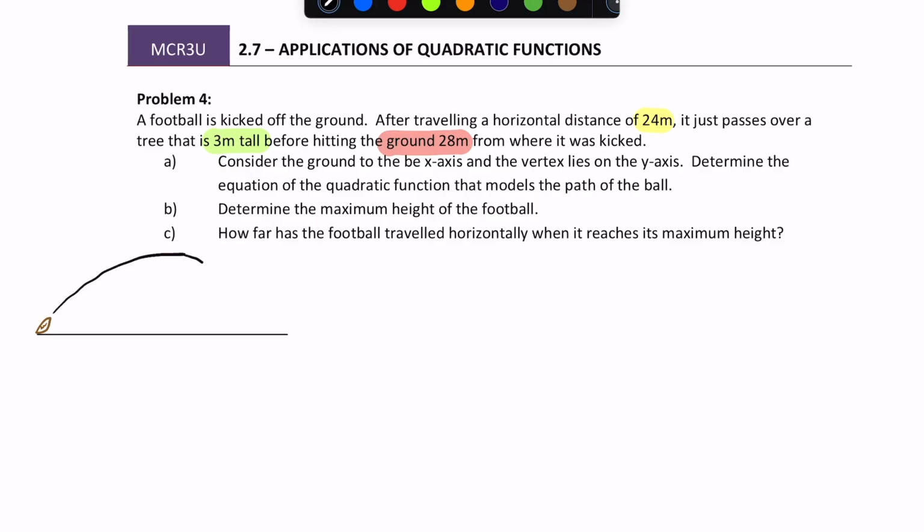It was kicked, and then it lands at 28 meters from where it was kicked. And at 24 meters, it passes a tree that was 3 meters tall.